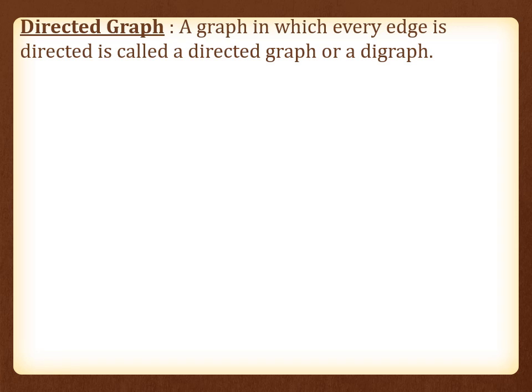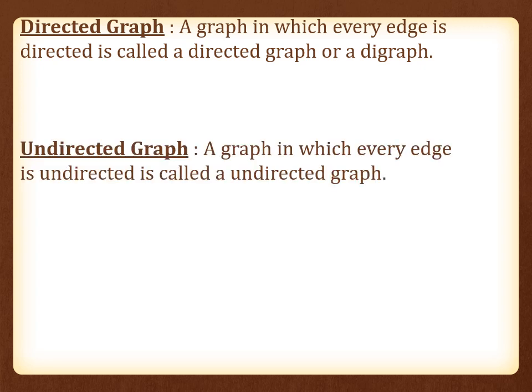Next, we have the definition of directed graph. A graph in which every edge is directed is called a directed graph or a digraph. Here, this particular graph is called a directed graph because every edge has a direction.